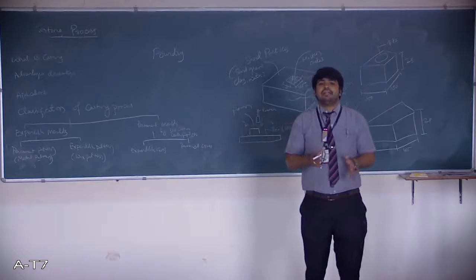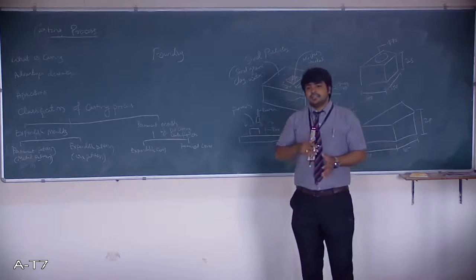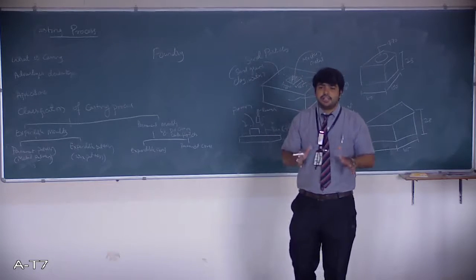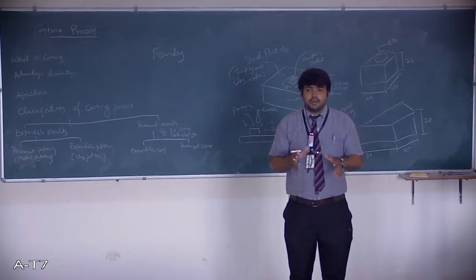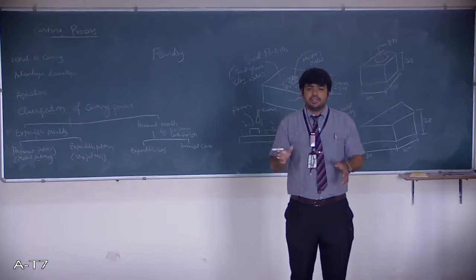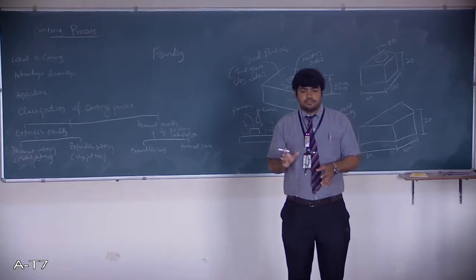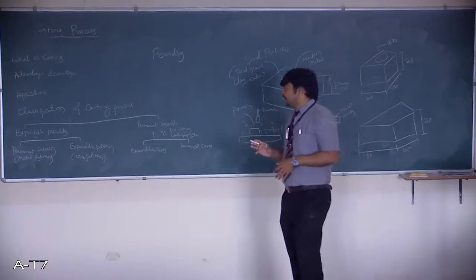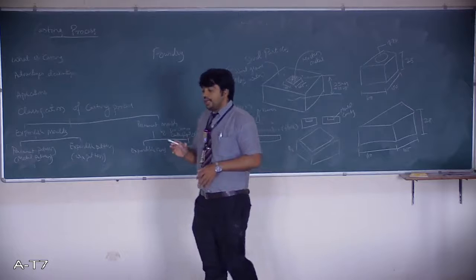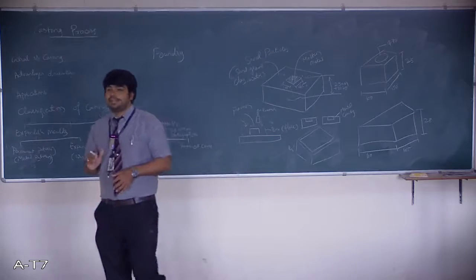Whatever cavity is required is machined in this die steel raw material. Once the cavity is formed, we pour the aluminum and remove the casting once it solidifies. Basically, the permanent molds we make use of have a higher melting point than the metal to be cast.